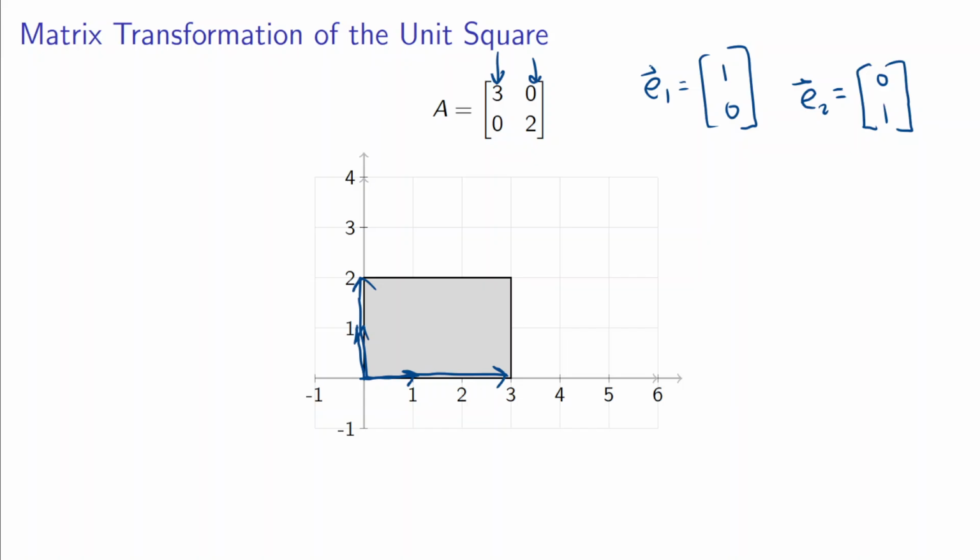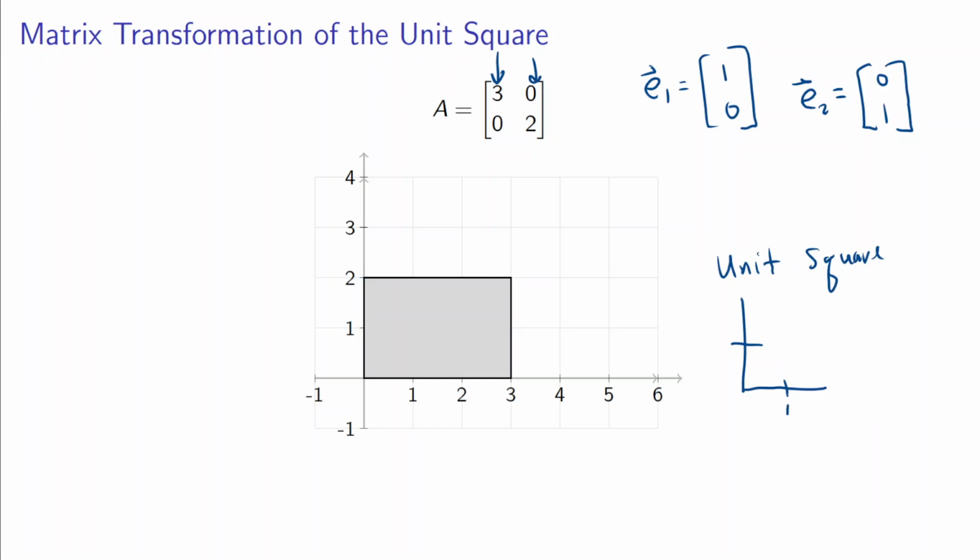A couple of things to look at here. If we take this image here, what this image shows is the transformed version of the unit square. The unit square is the square where we take as two of the sides E1 and E2 and draw the square with those as two of the sides.